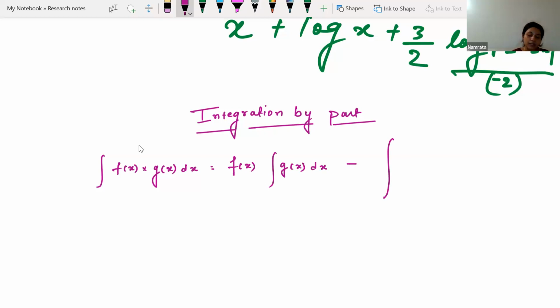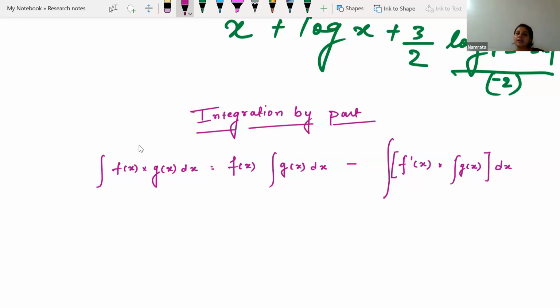Now here we will be taking the derivative of the first function, that is f dash x. I am going to write, please don't get confused, it is just the derivative of the first function into integration of the second function, and the whole function, everything's now integration. Okay, this is what the formula says.